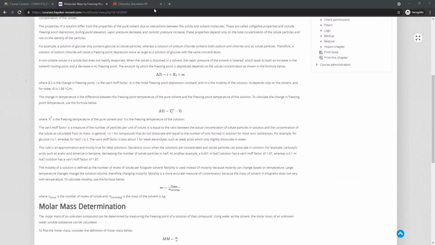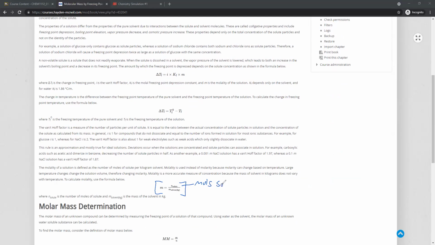And molality is the number of moles of solute, so n means moles, divided by the mass of solvent.